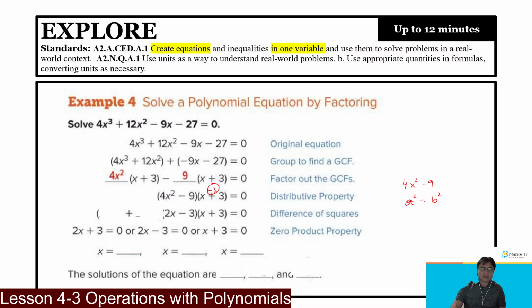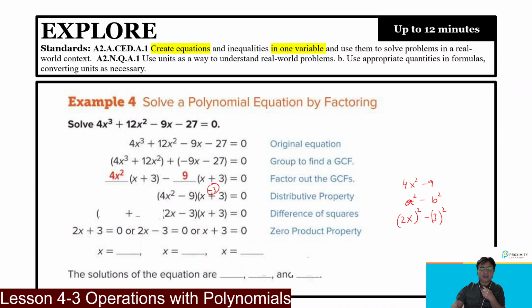That's what it looks like, where a is 2x and b is 3, because 2x squared is 4x squared, minus 3 squared is 9.